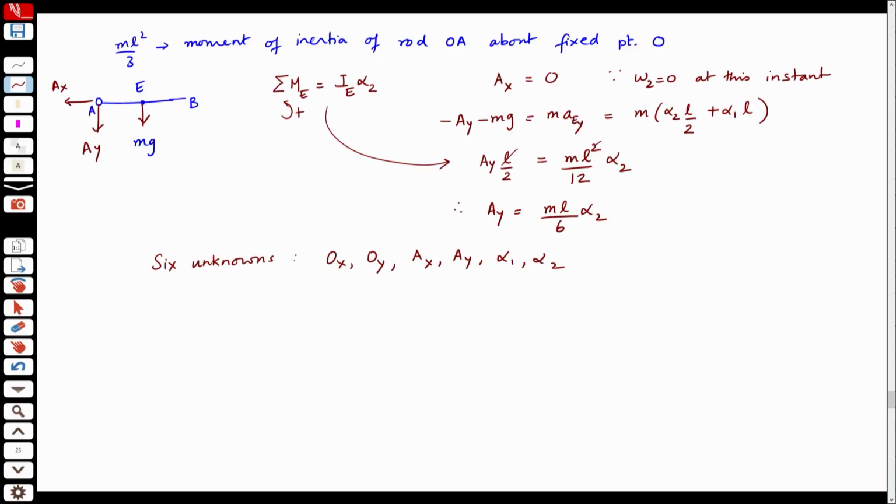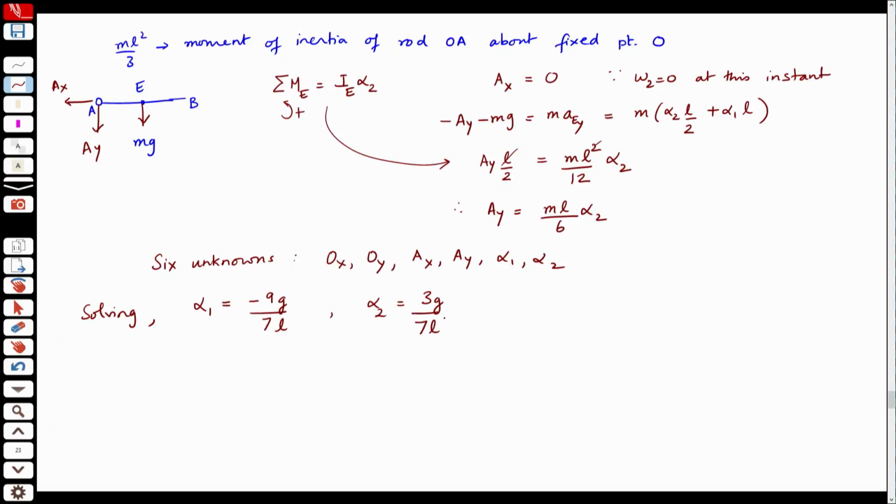If you solve for these, you get, please do that, alpha 1 equal to minus 9g by 7l, alpha 2 equal to 3g by 7l.